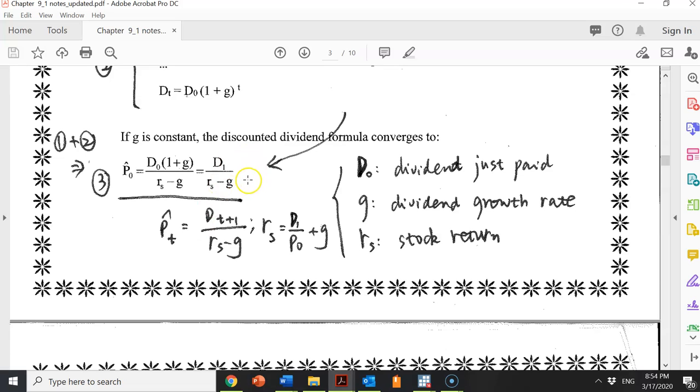Also from this model, we know that Rs equals D1 over P0 plus g. We can get this from the original model. You can notice there are only 4 variables here: P0, D1, Rs, and g. You can always get one of them if you know the other 3. So g would be Rs minus D1 over P0. Rs would be D1 over P0 plus g.